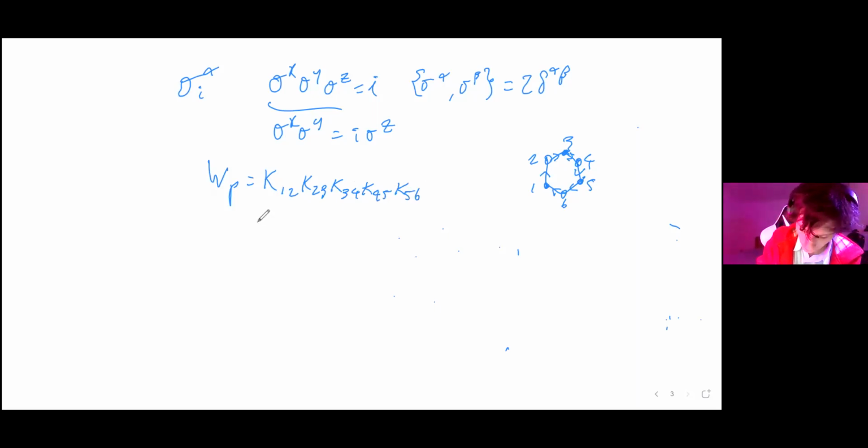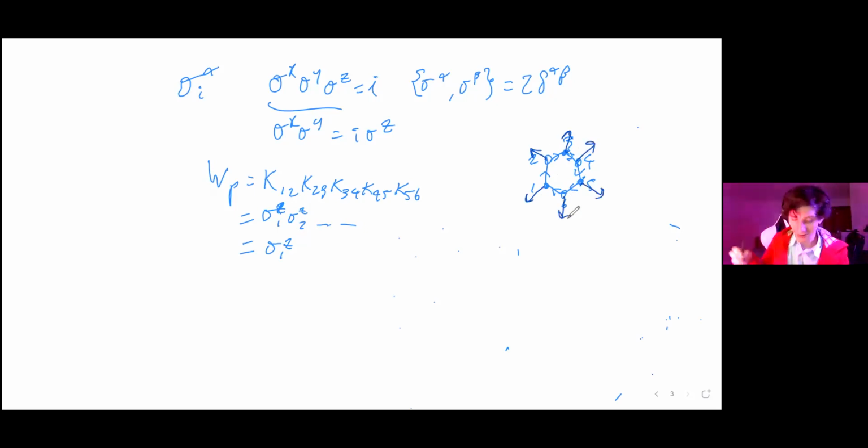And you can write this out in full with sigma. In this case, it starts with sigma z1, sigma z2, and so on. You can use the defining relations of SU2 and obtain that this is equal to the normal direction at each point. Well, normal is a bad word considering it's at the corners; the outward direction.